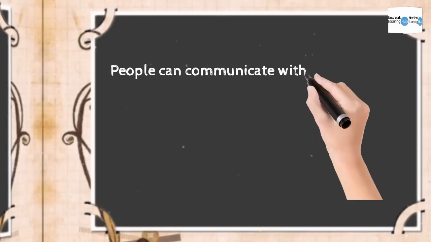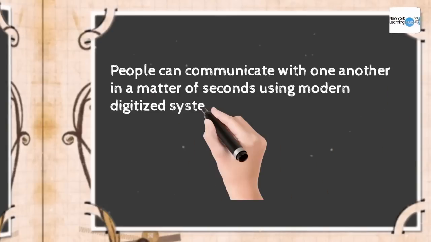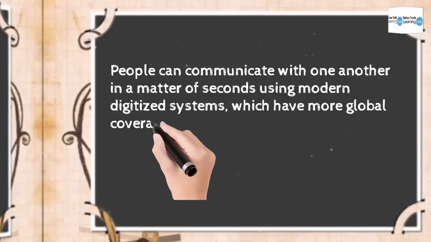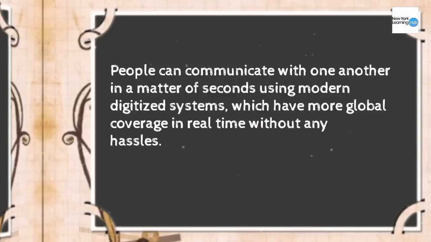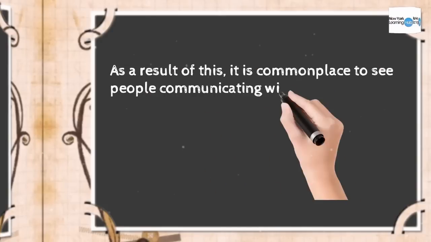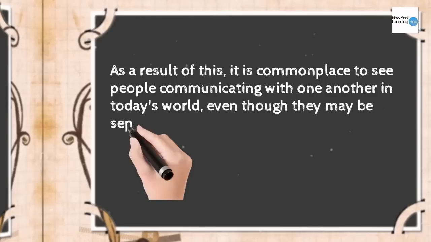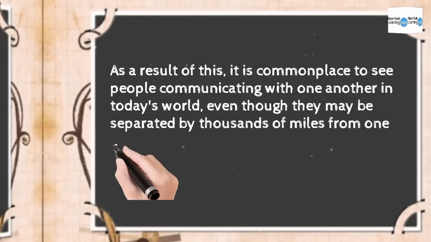People can communicate with one another in a matter of seconds using modern digitized systems which have more global coverage in real time without any hassles. As a result, it is commonplace to see people communicating with one another today, even though they may be separated by thousands of miles.